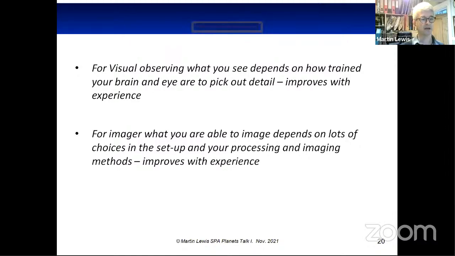So those are some of the key factors. There are also other factors that affect what you can see and what you can image, and the biggest thing there is experience. For visual observing, it's a combination of your eye and your brain, and training that combination to pick out detail, and that takes time.